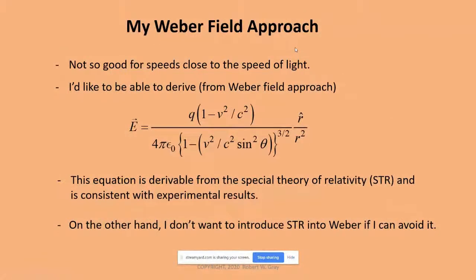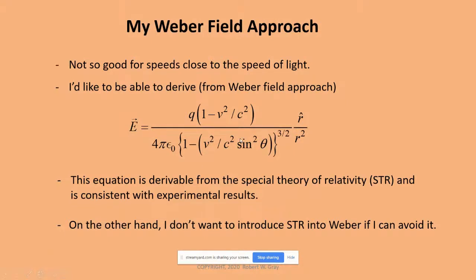Okay. Anyway, what I'm trying to do, you understand Weber electrodynamics is not good for speeds close to the speed of light. What I'd like to be able to do is, from the Weber field approach, derive this equation, this E, the electric field. This equation I understood came from the special theory of relativity.